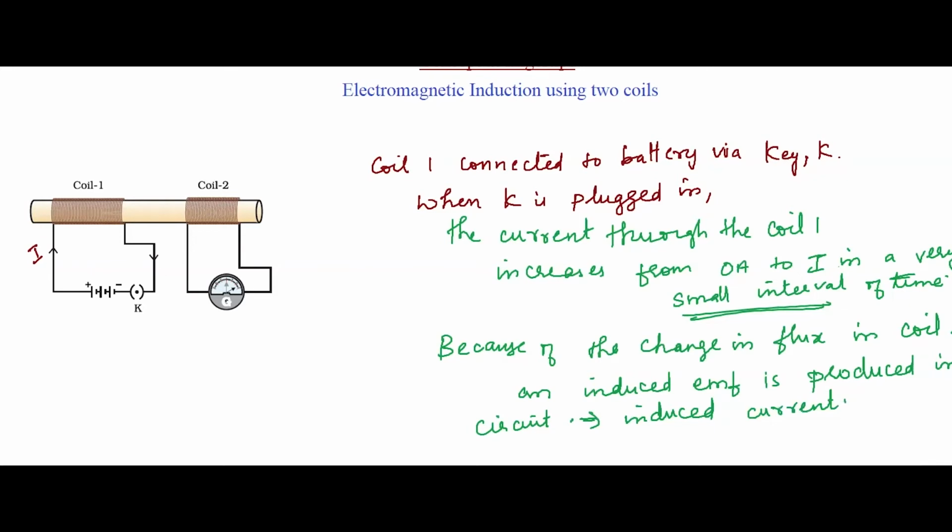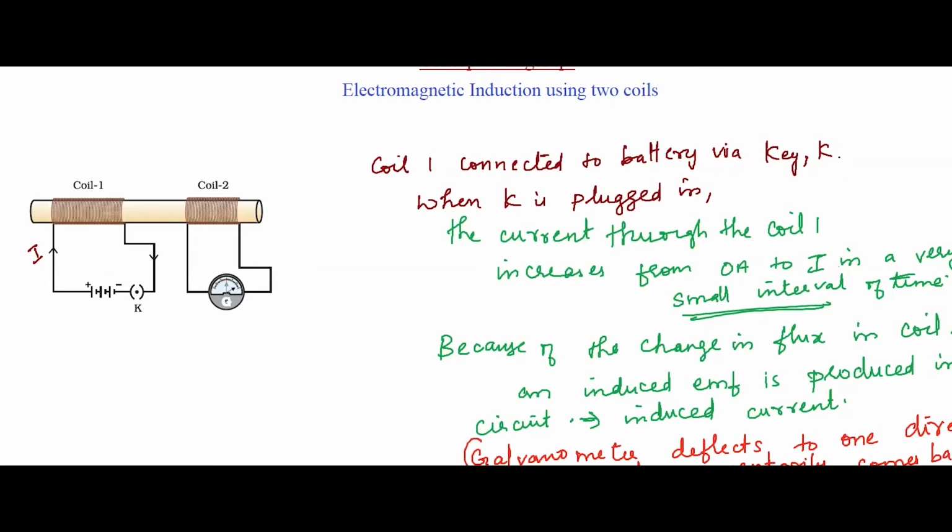What we can observe is that the galvanometer deflects to one direction and momentarily comes back to 0.